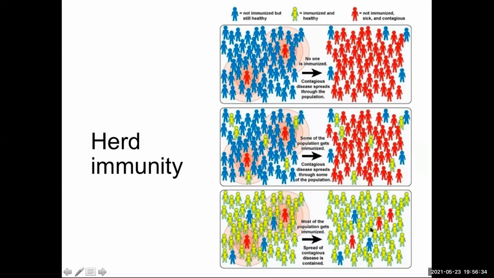This is what we call herd immunity. It goes like a herd, like a whole community. And for a vaccine to stop the spread, it needs a particular high level of herd immunity.